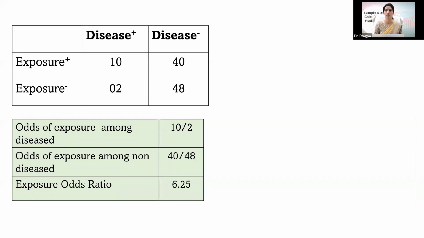Yes, Vijna, Sanjay, you are right. This will be the exposure odds ratio, because I am now measuring the odds of exposure among the disease. Now with this 2 by 2 table only, I can calculate the disease odds ratio also.